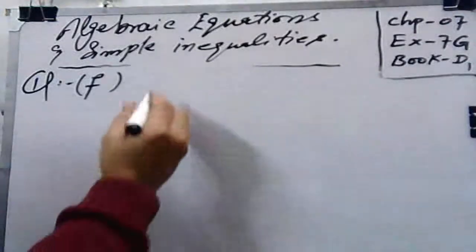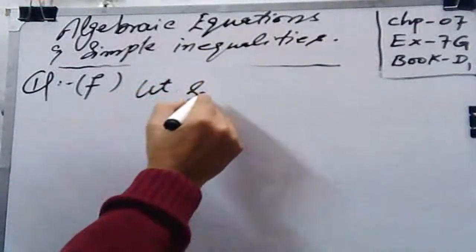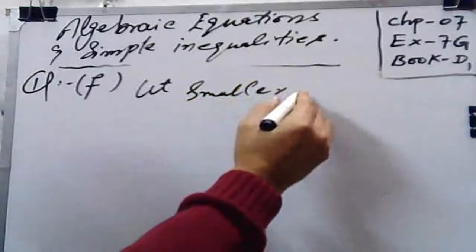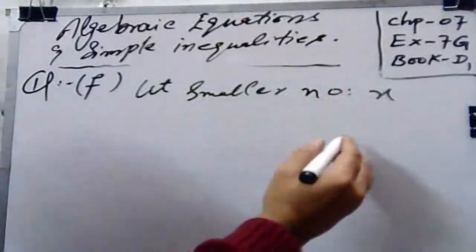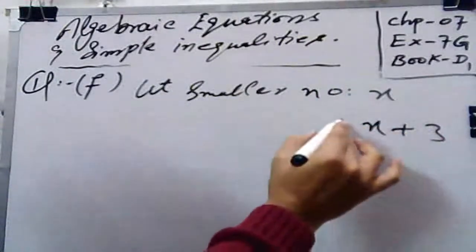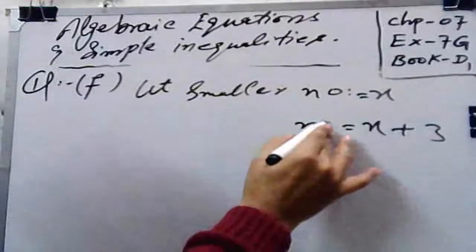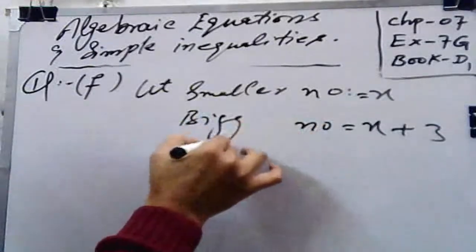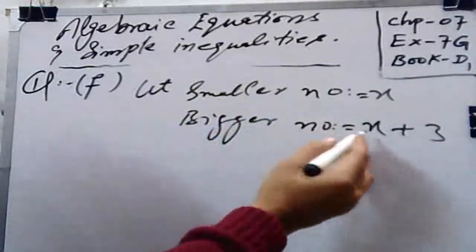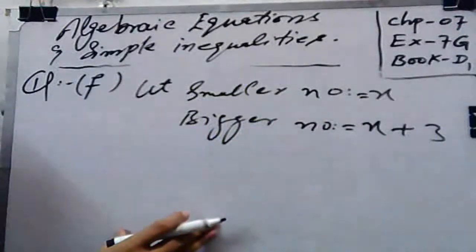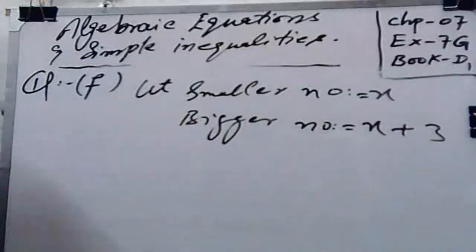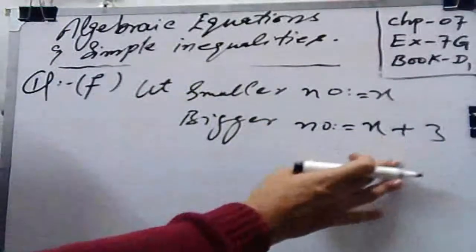Let the smaller number be equal to x and the bigger number be x plus 3. So by the given condition, one number is bigger than the other number by 3, so we have added x plus 3.